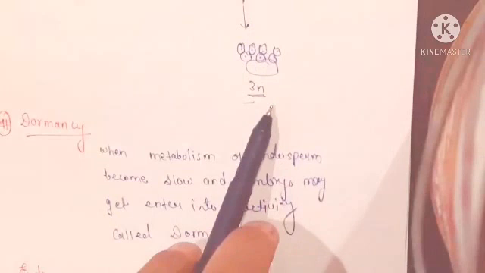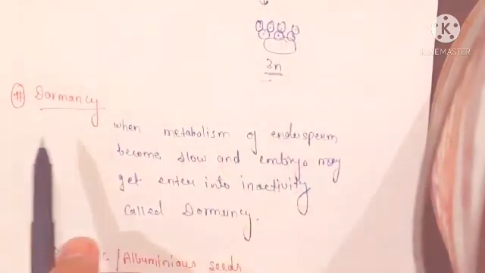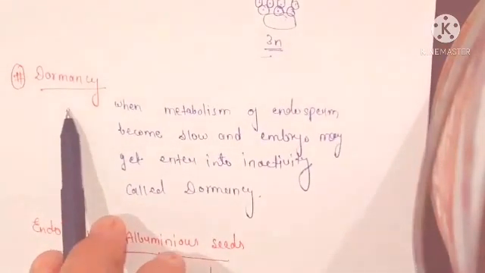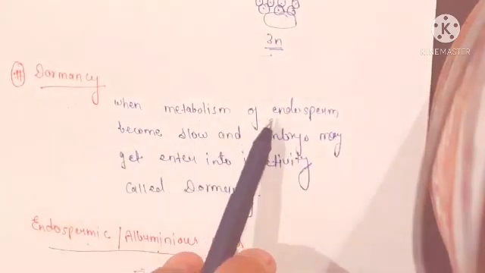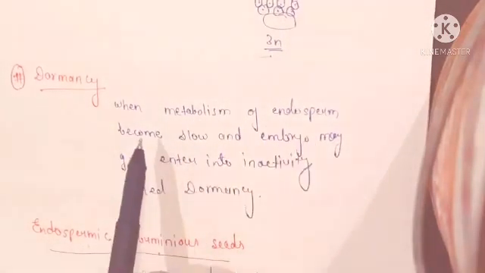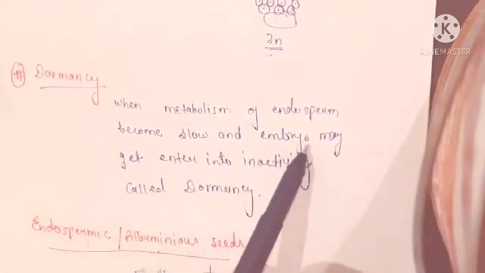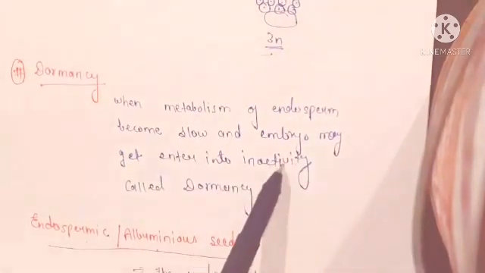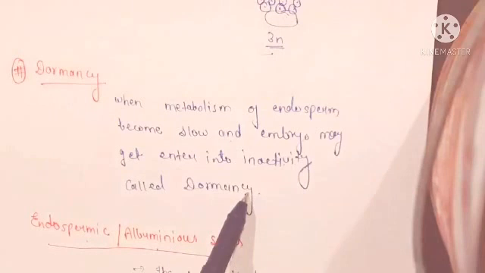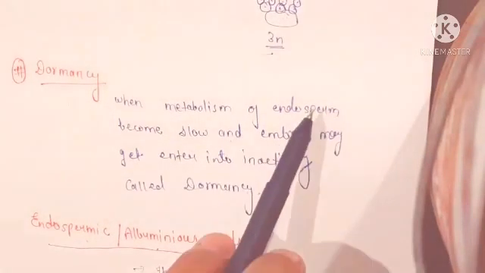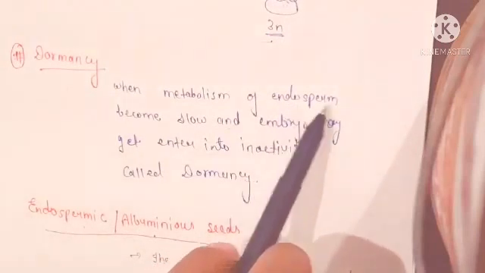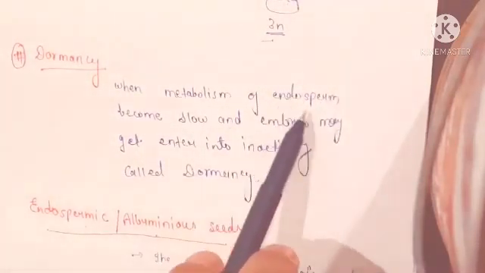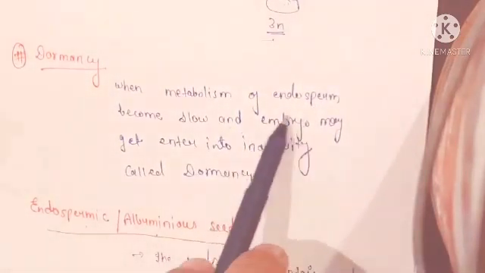Now we will discuss some terms. First term is dormancy. What is dormancy? When metabolism of endosperm becomes slow and the embryo may enter into inactivity, it is called dormancy. Friends, as we told earlier, the function of endosperm is to provide nourishment to the embryo.